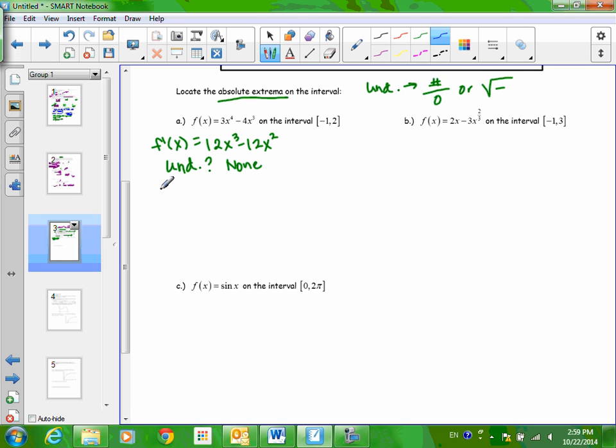Okay, next thing is we're going to set f prime of x equal to 0. Okay, so set 12x cubed minus 12x squared equal to 0. So I want you to solve this. My hint is factor. So without a calculator, solve for x.